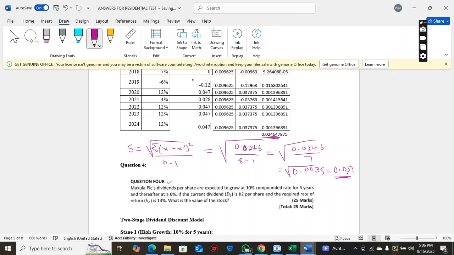In percentage form, that is 5.9%. And that is our standard deviation, 0.0059. Any questions? Questions, queries? We'll move to the next question.